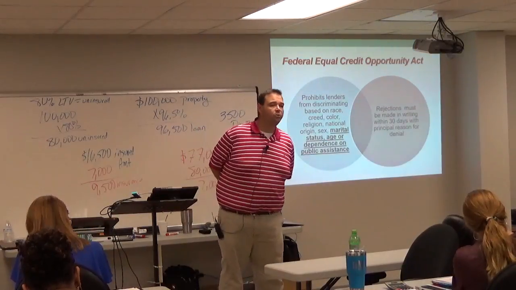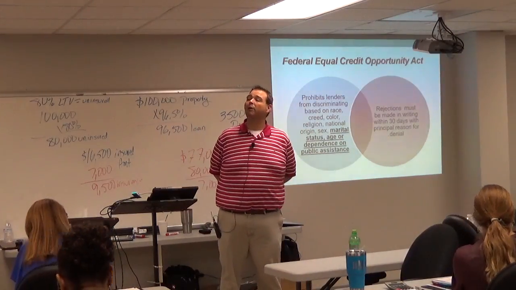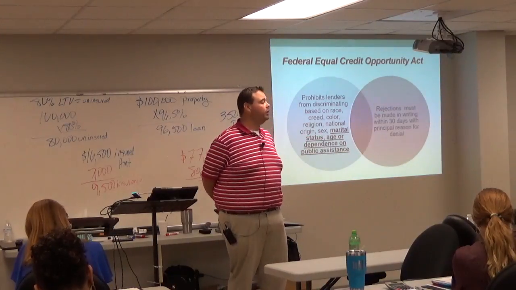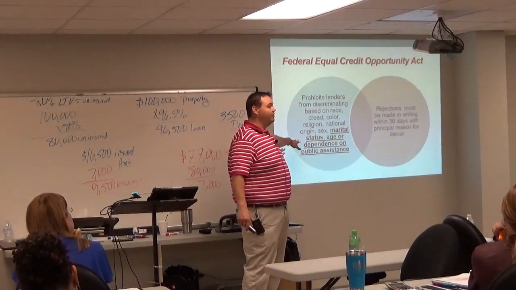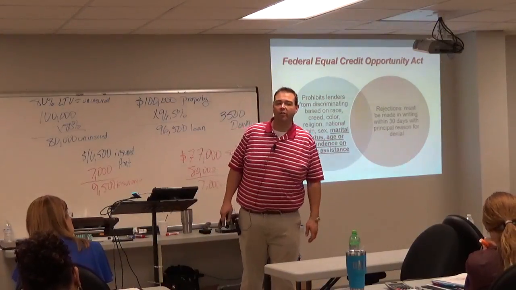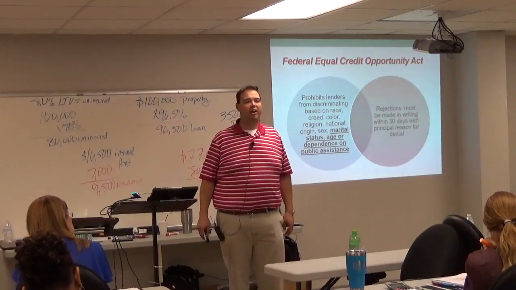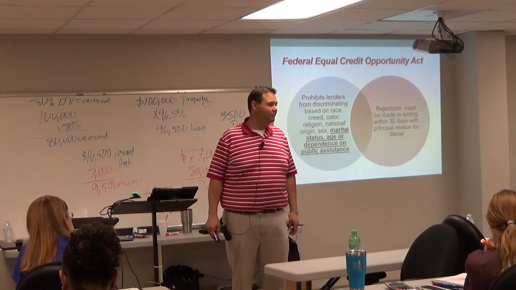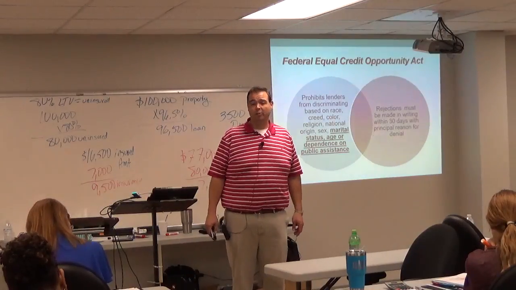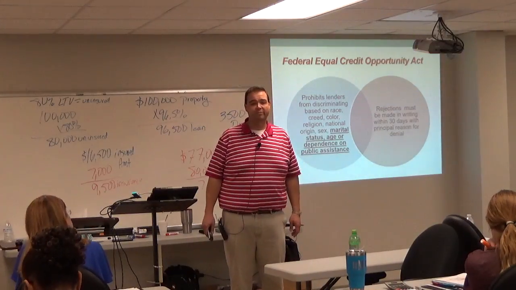So you cannot discriminate. In other words, you cannot deny somebody a loan because they are single. Because what is protected up here? Marital status. You cannot deny somebody a 30-year fixed rate mortgage because they're 87 years old. Or 110. If they otherwise qualify, what do you have to do?